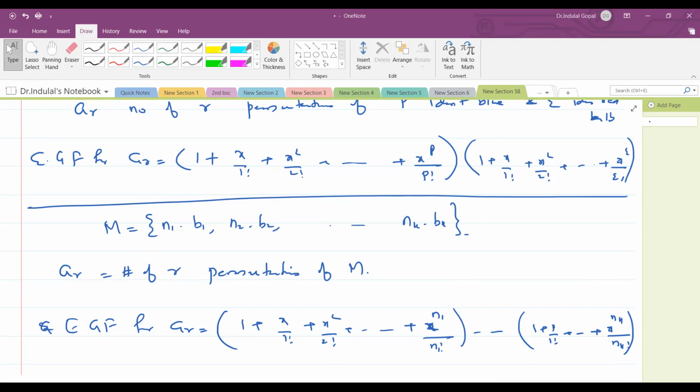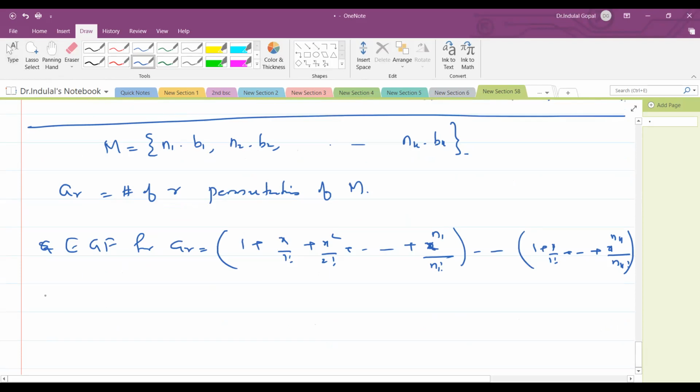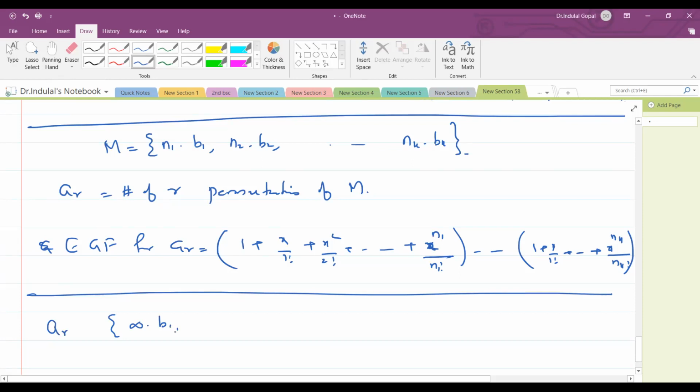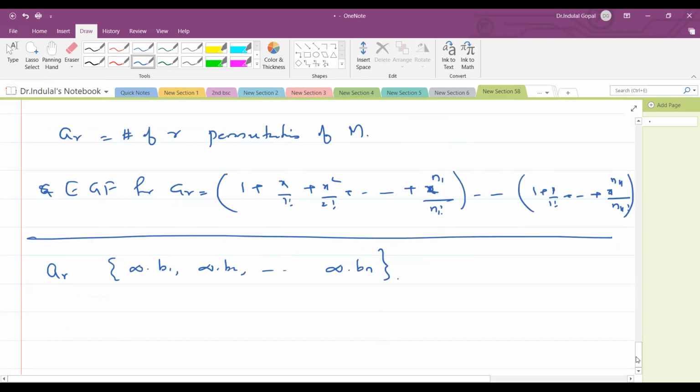So what is the total number of r permutations of the multiset with infinite B1, infinite B2, etc., infinite Bn? In r permutations, we have to fill r positions.